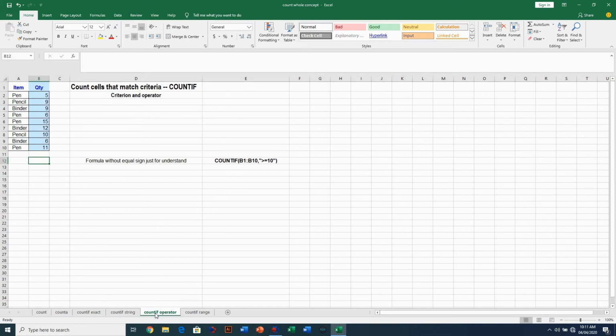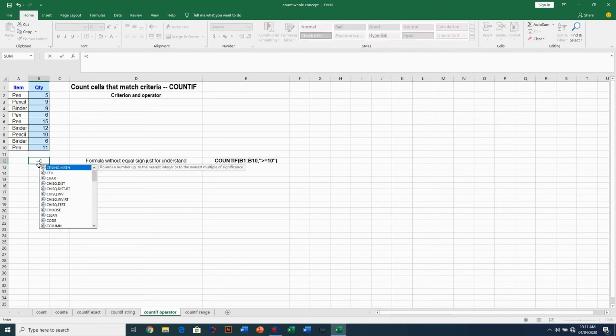Now count if operator. Count if, selecting the range, comma.